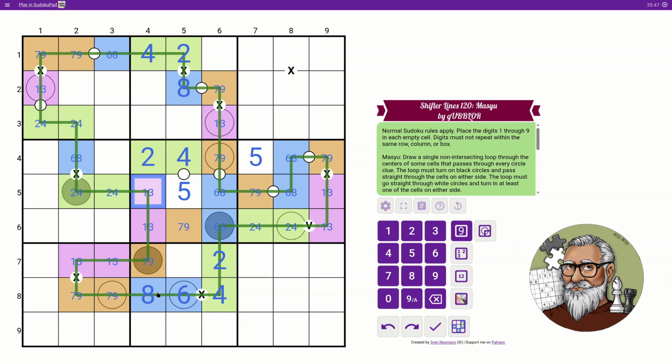Oh, is it now just normal Sudoku? Or I have no idea. How do I continue? 5, 4. It's the only place where it looks. What am I missing?